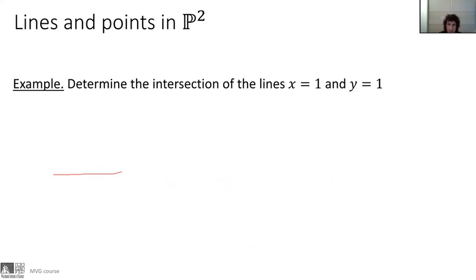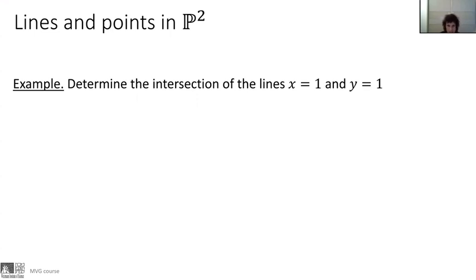Okay, let's make an example. Let's determine the intersection between the line x equals 1 and the line y equals 1. We know that in R2 the intersection is (1, 1), right?